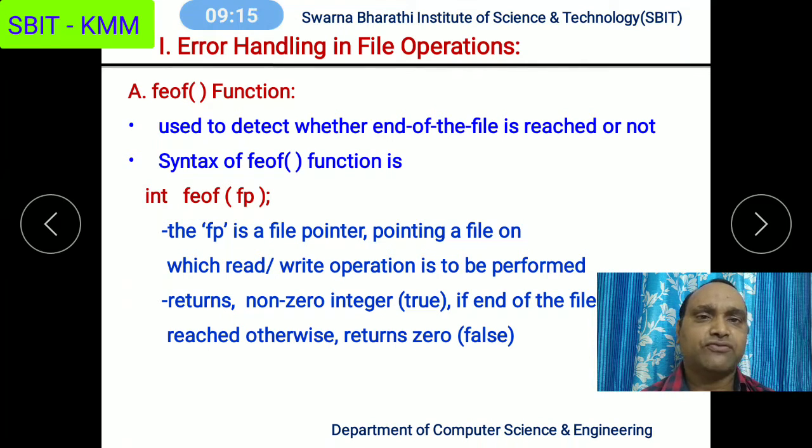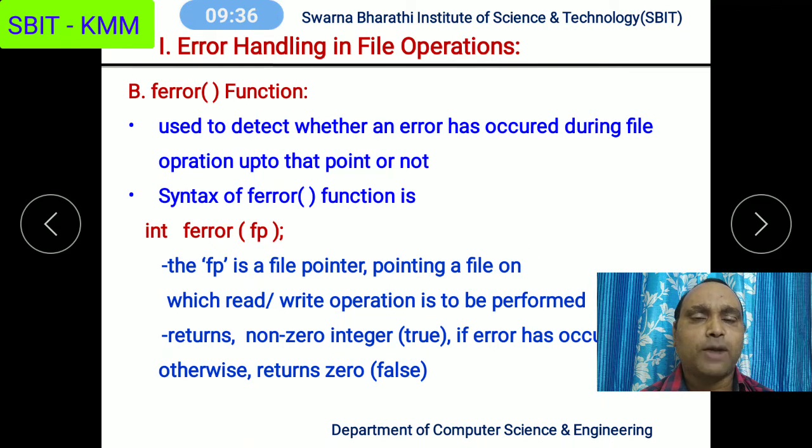So whenever the feof function returns a zero value, we can understand that we have not yet reached the end of the file. Therefore we can continue our reading from the file. That is how we can use the feof function to perform error checking operation on the file.